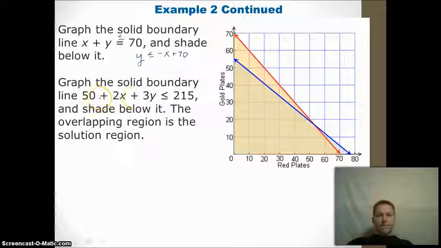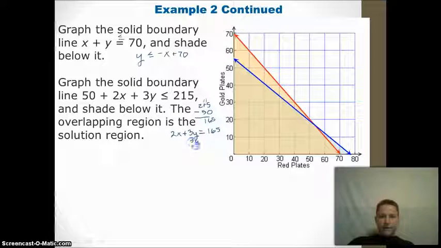This one here, if you get y by itself, you subtract 50 first. So you would have 2x plus 3y equals 215 minus 50. So you have 165.